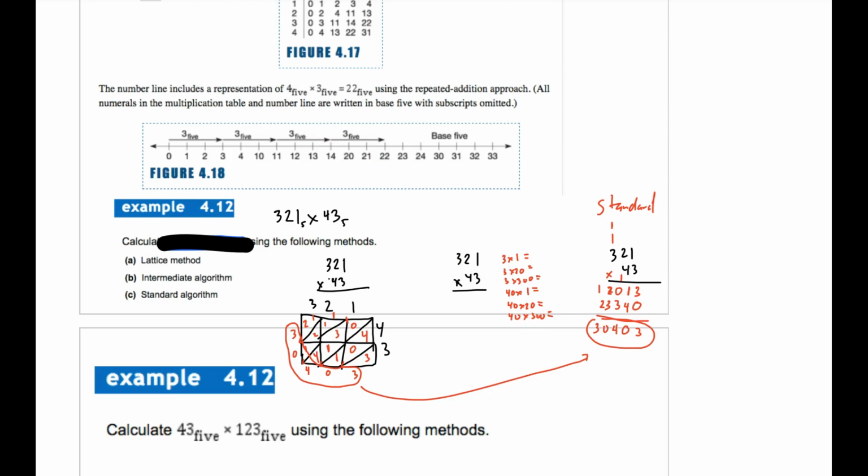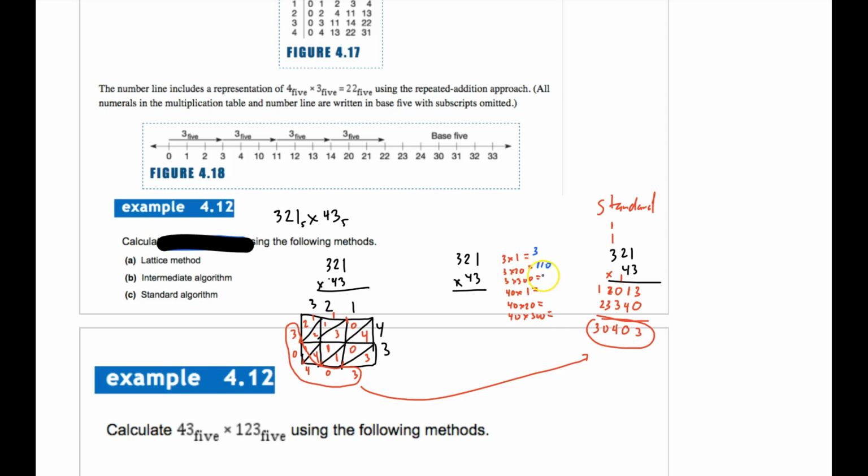Now the intermediate one, you'd end up doing 3 times 1 is 3. 3 times 2, 0 is 6, 0. But then that would be 1, 1, 0. After that, 3 times 3 is 900.